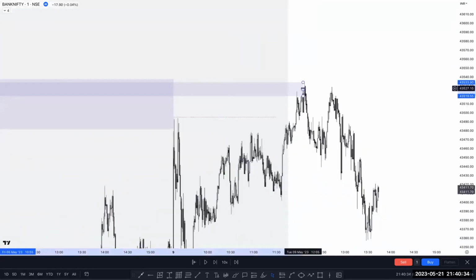This one, right? And wait for choch and flip. Price taps on your refinement 1 minute order block, and then you have to wait for it to create choch and flip entry model. Then you can take entry here also.